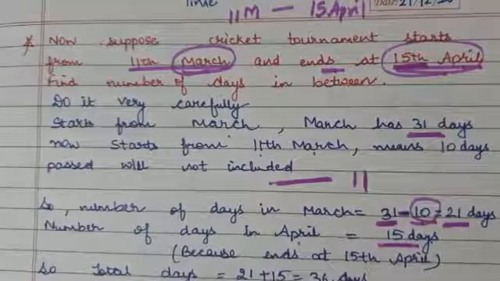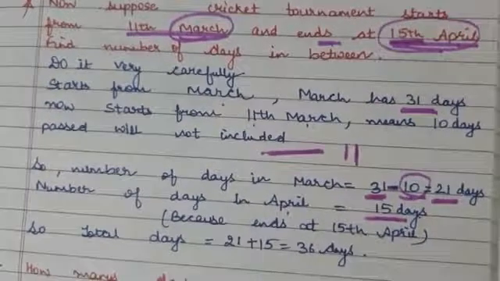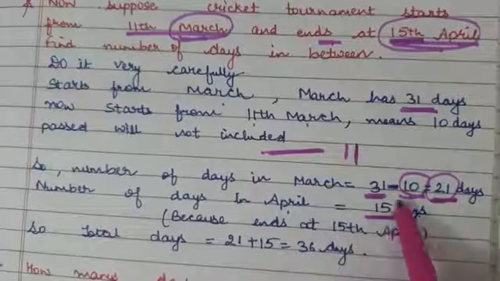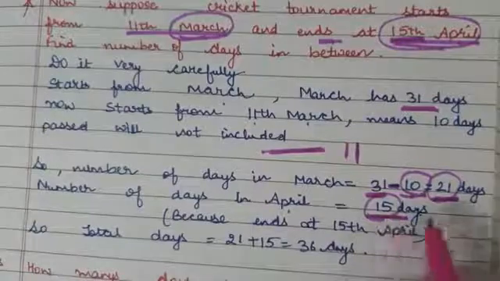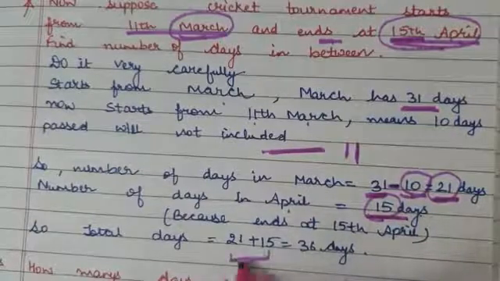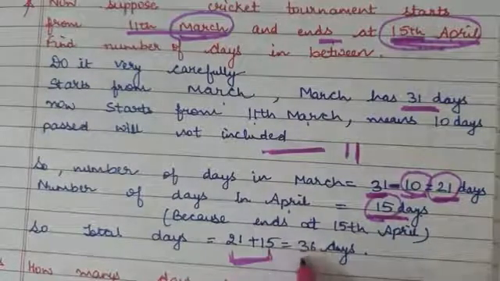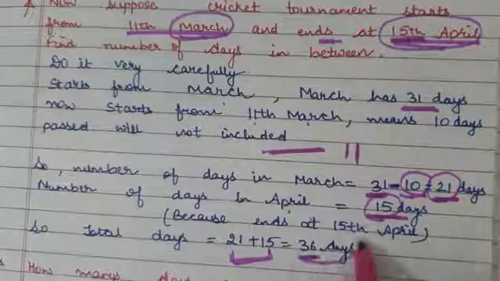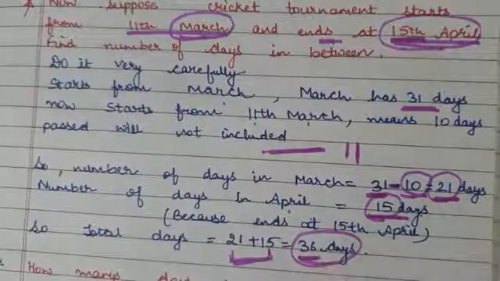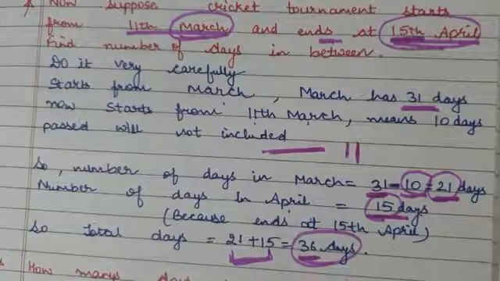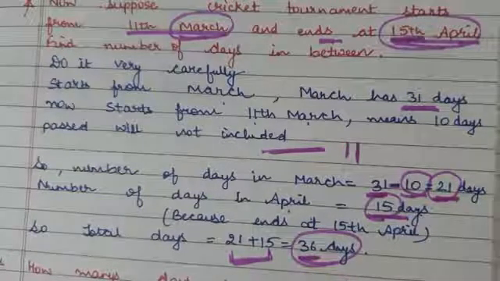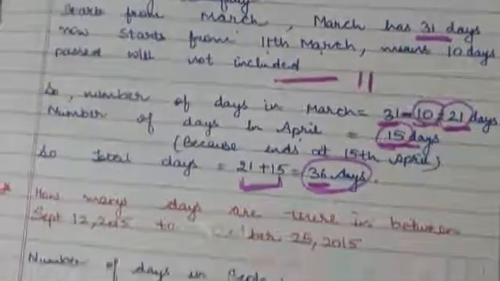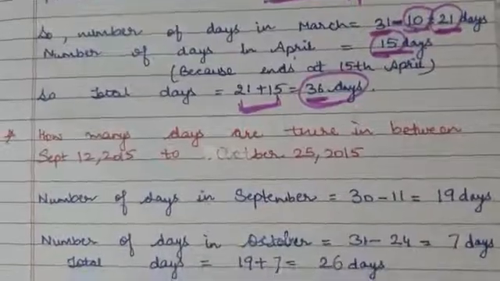So now in March there are 21 days and in April there are 15 days. So how many days in total? Yes, 36 days. So these are the total number of days when the cricket tournament happens. Clear? Now let us move to the next question.